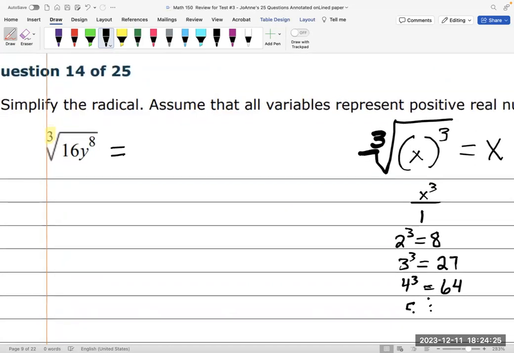Again, you should know 5 to the 3rd power is 125, and so on and so forth. Well, I don't need to go anything beyond 16, so I can stop right there.